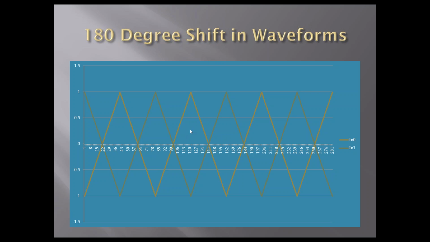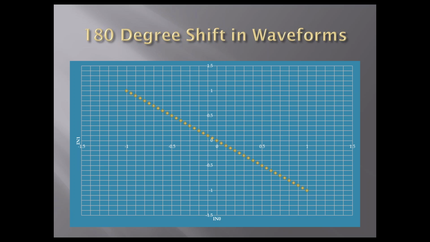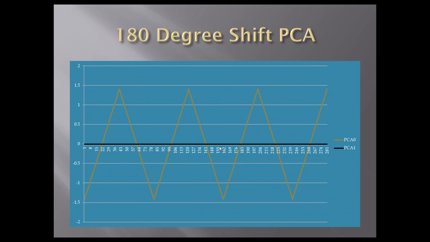So have we maximized the amount of information that we're giving this system? Well, if you plot the two pieces of data against one another, you end up with a line with a reverse correlation. Essentially the slope of the line is negative, so the correlation is now minus 100%. And much like the first example where we were 0 degrees shifted, you end up with the exact same situation.